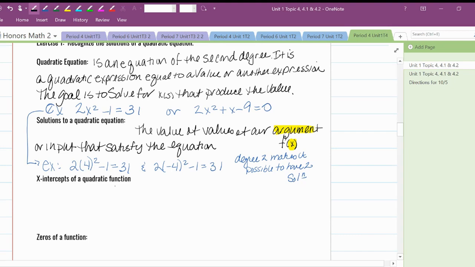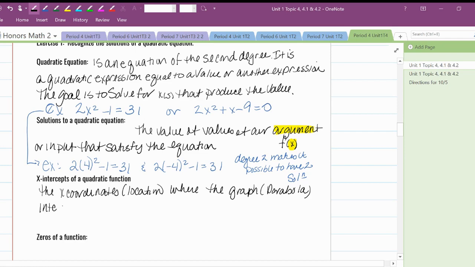All right, some more vocabulary. X-intercepts of a quadratic function. These are the x coordinates or the location where the graph, and we know this has got a special name, parabola, intersects the x-axis.